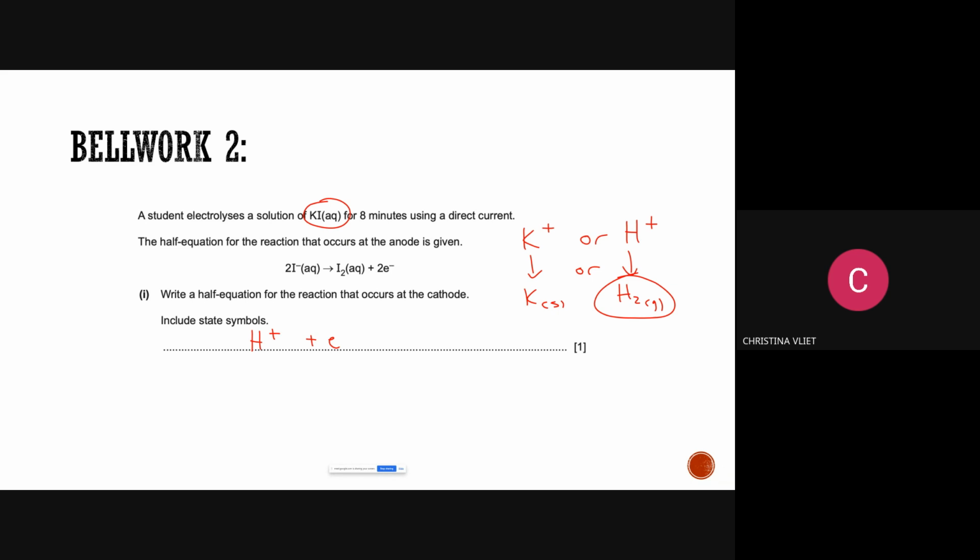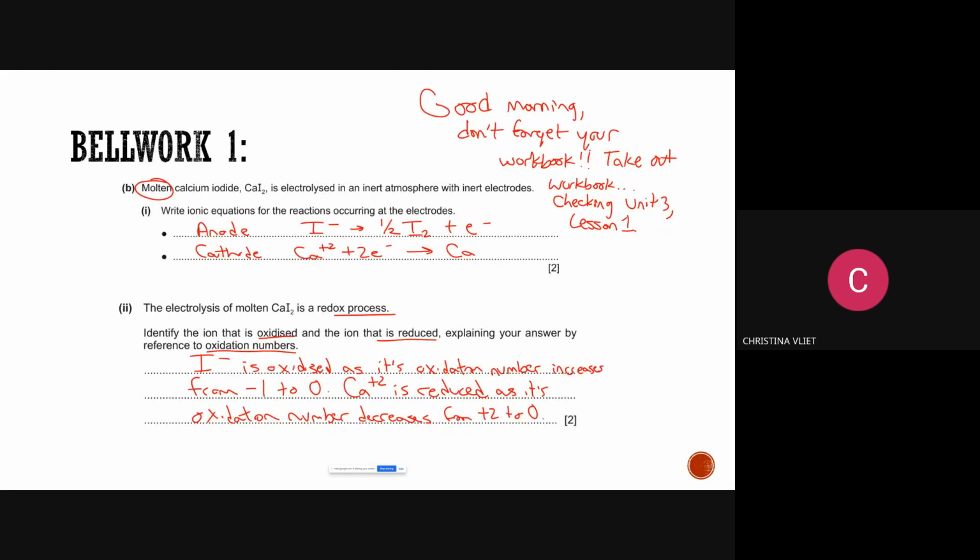That is an interesting question that you ask and brings up an idea. This is aqueous. Aqueous means that what I have is in water. This is molten. No water. This is liquid CaI2.